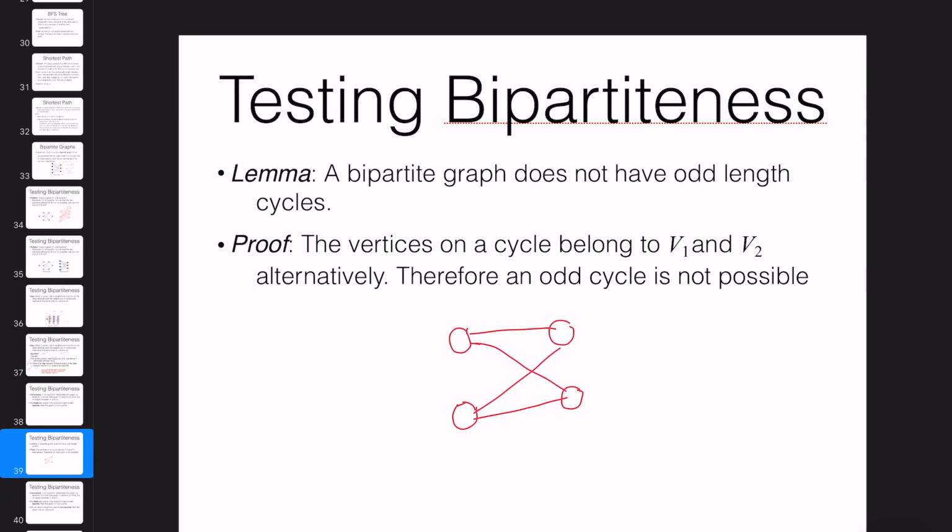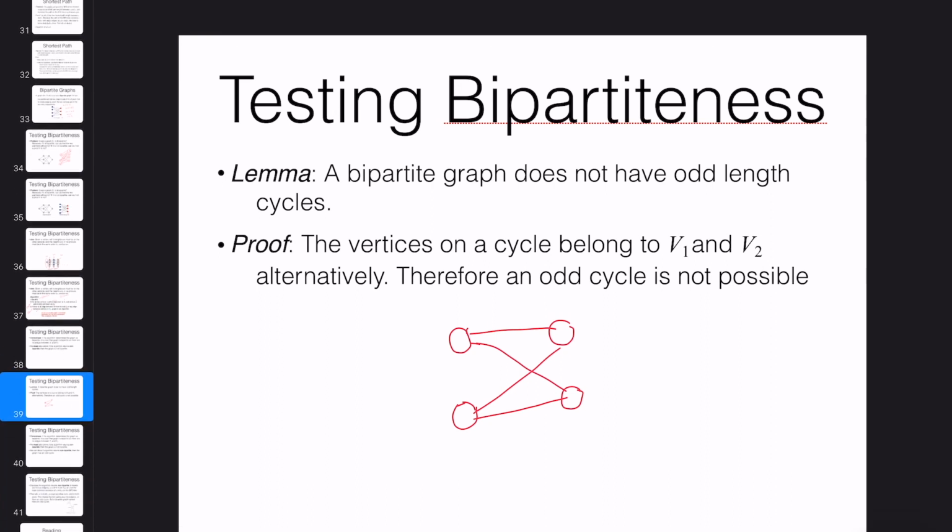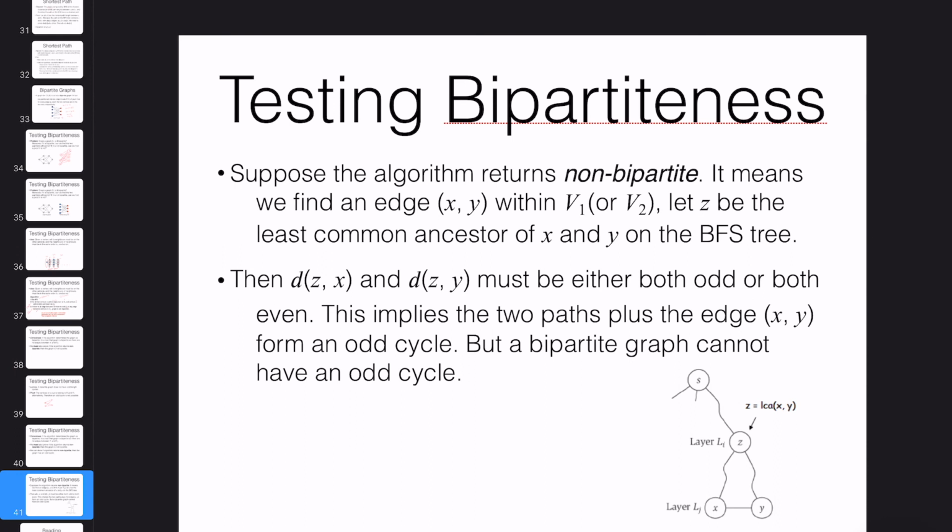Using this lemma, we can prove that if the algorithm tells you the graph is not bipartite, definitely there is a cycle with odd length, and so it means that the graph is not bipartite. So we can just prove that using this lemma.